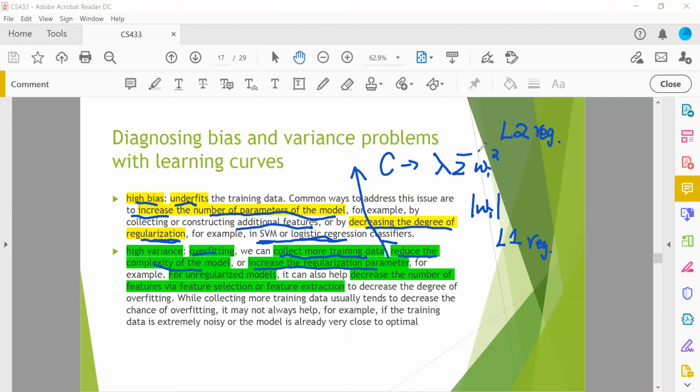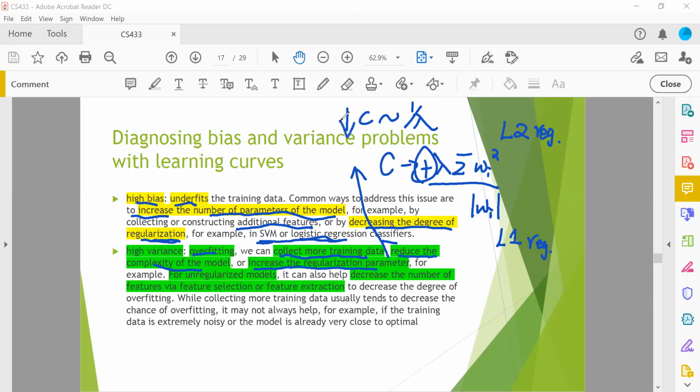The purpose of this is that you try to minimize the weights in your cost function. The relationship between C and lambda is inverse.